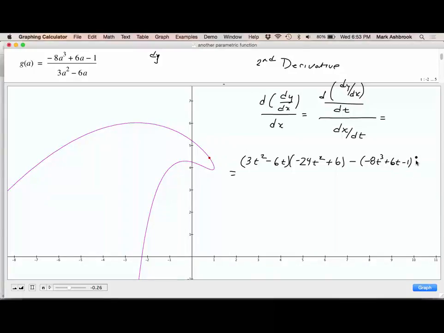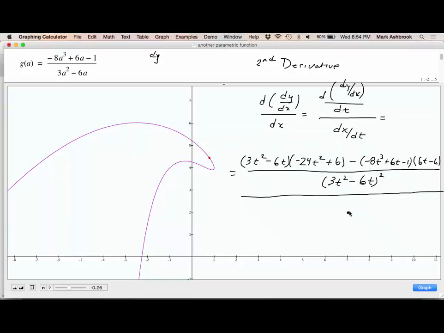I'm going to go fast. All over low squared. How did I do? Okay, that's just this top part, and that whole thing over. Oh, come on. It's just a few symbols. All right. dx dt is what?